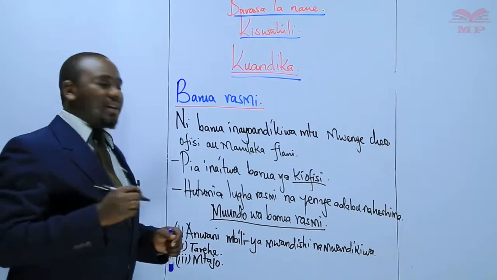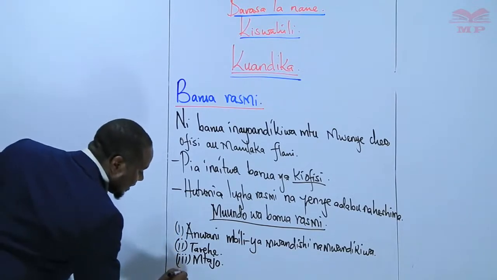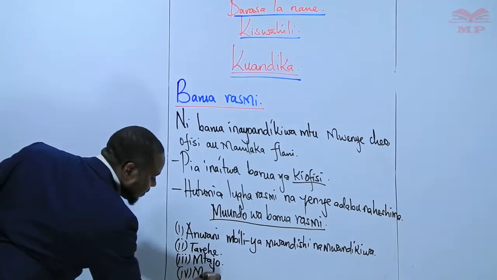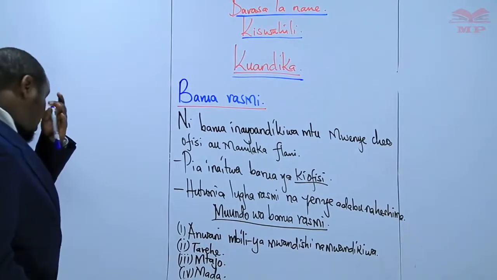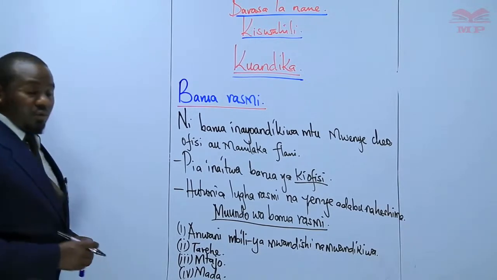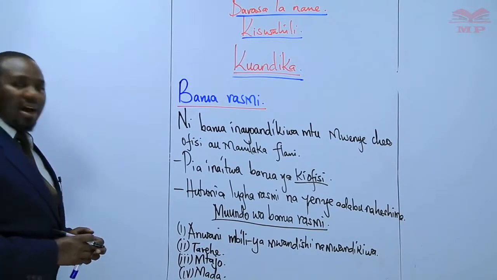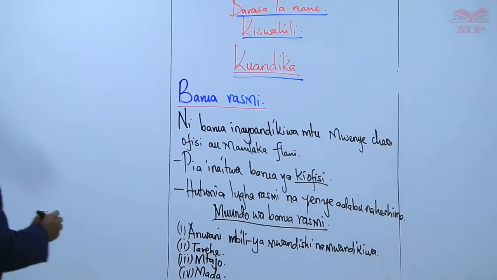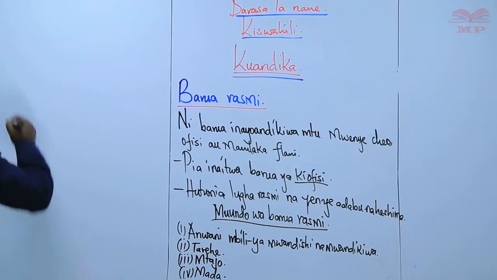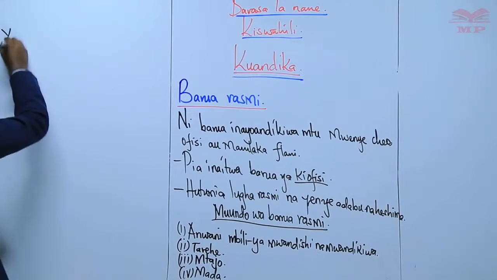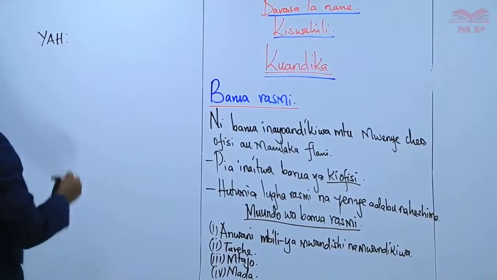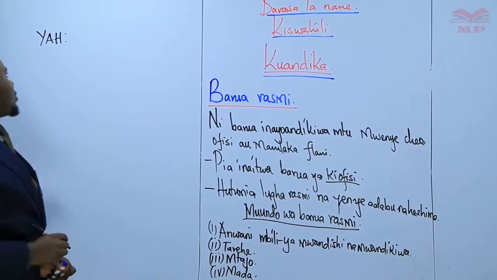Nambari ya 4, ni mada. Mada ni muhimu uandike barua yako inahusu nini. Kama vile kwa kutumia maneno kama haya, mfano, yahusu.